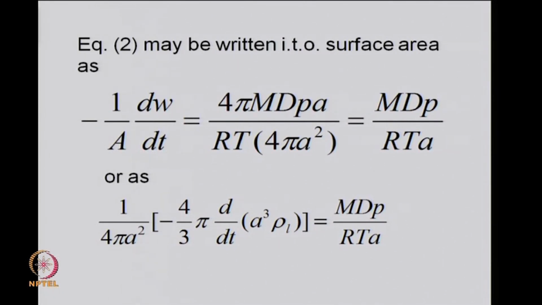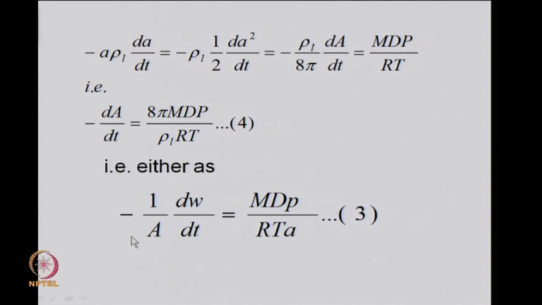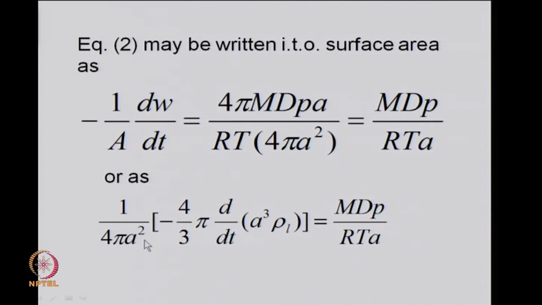So, we have now minus 1 by A dW by dt equal to whatever was there, 4 pi mdPa by RT divided by 4 pi A square, that simplifies to mdP by RT A. 4 pi cancels, one of the A's cancels, and therefore, we could write this as 1 by 4 pi A square, that is the spherical surface area, and the W is written in terms of density volume product.